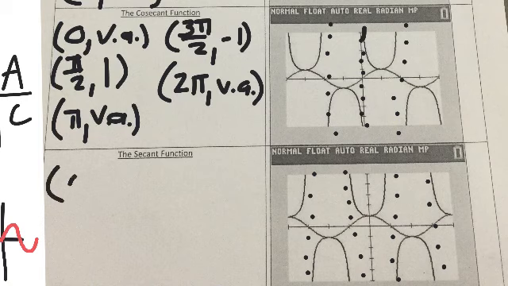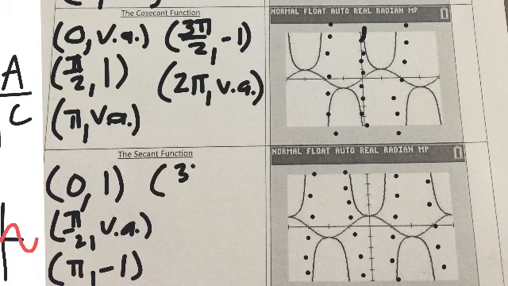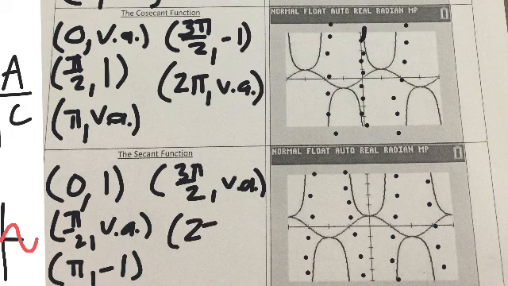And then secant, again, just listen to the critical points. I've got 0 and 1. At pi over 2 is now a vertical asymptote. At pi, I will have a value of -1. 3 pi over 2 will be a vertical asymptote. And 2 pi will again be a value of 1.